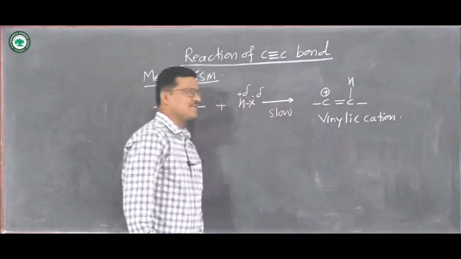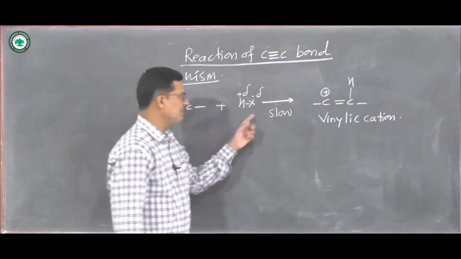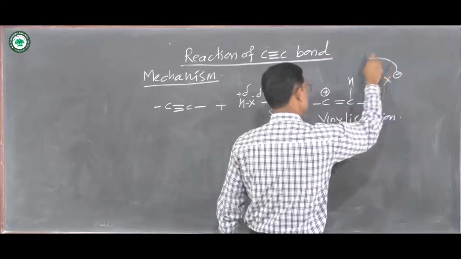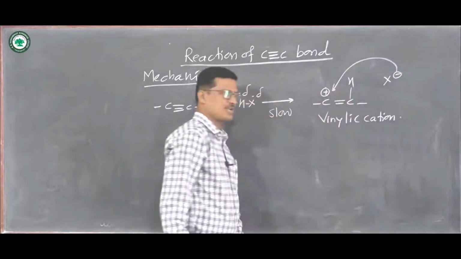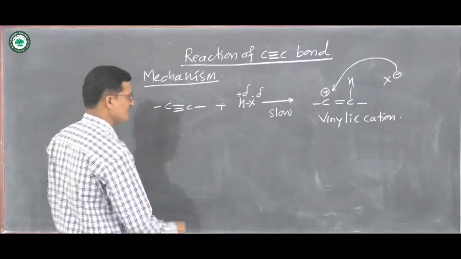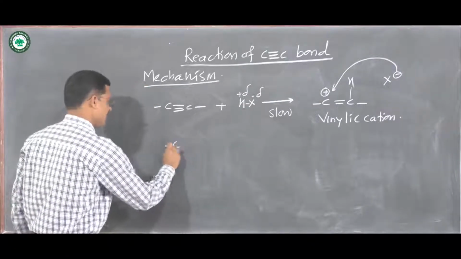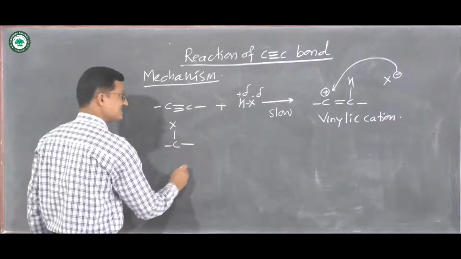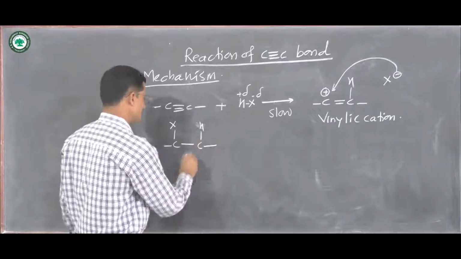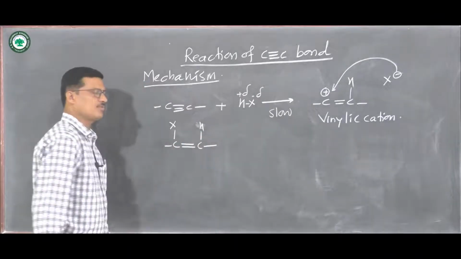And once the vinylic cation formation takes place, then your reaction mixture having X minus, and this X minus attacks on this carbocation. When X minus attacks on this vinylic cation or carbocation, then there is a formation of such type of compound, this one, and we get here the carbon-carbon double bond.